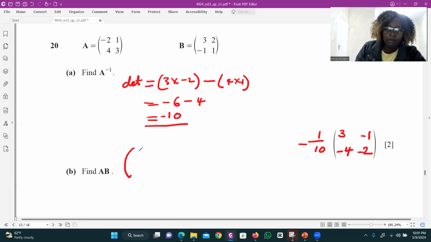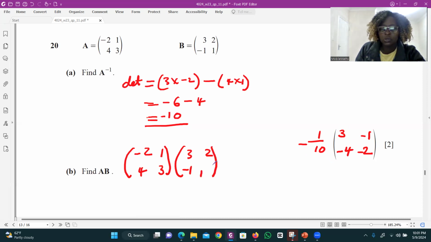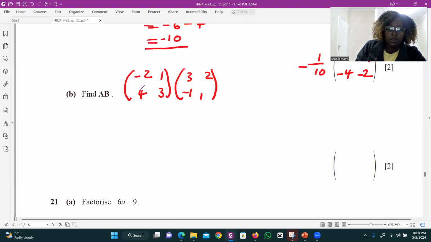Then find the multiplication of A and B. So that's the matrix minus 2, 4, 1, 3 multiplying by 3, minus 1, 2, 1. Okay, so let's do our row by column. So this row, we multiply it by the first column. What do we get? Minus 2 times 3, that's a minus 6, plus 1 times minus 1, that's a minus 1.